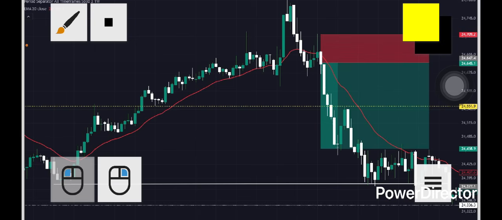Now, there's something that you have to understand, which is how these different time frames interact with each other. I'm talking about the 1 minute, the 5-minute, and the 15-minute time frame.